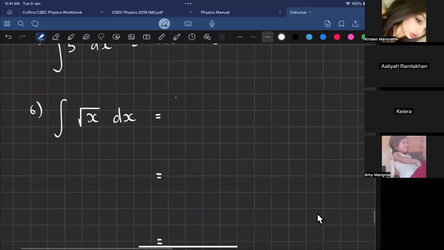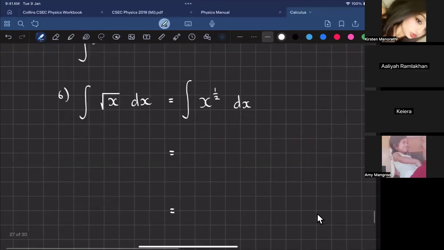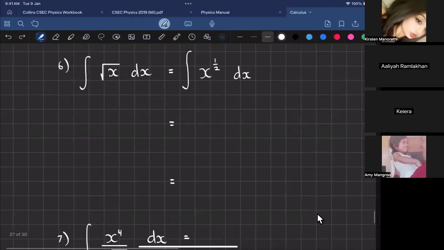The next thing you're supposed to write, since you didn't integrate it yet, is the integral sign and x to the power half. You never drop the integration sign unless you integrate. Did you make that mistake and drop the integration sign? No. Okay. So now you have the integral of x to the power half. Continue.